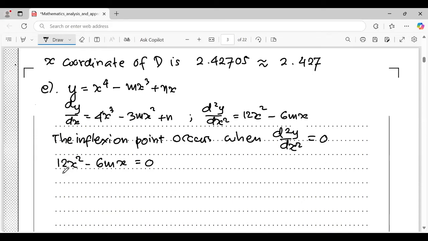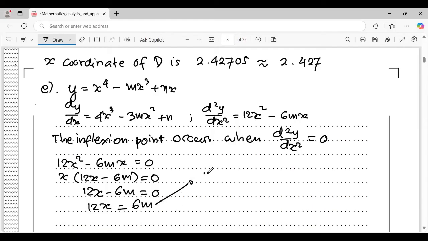I'm going to factorize it, it becomes x times 12x minus 6m equals 0. So x equals 0, or 12x minus 6m equals 0, then x equals 6m over 12, or half m.